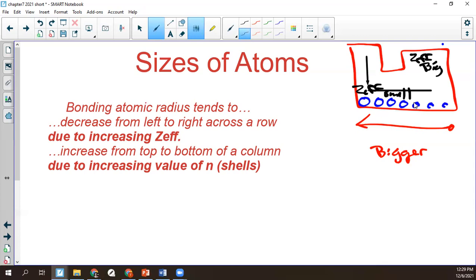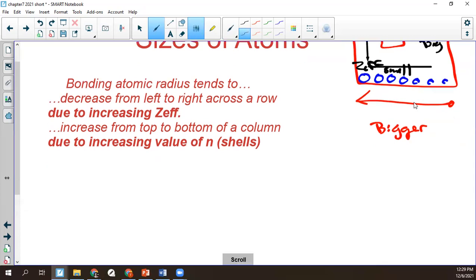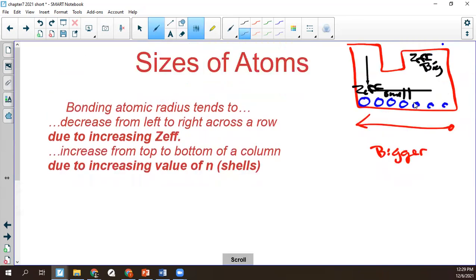Non-metals have high Zeff and small atomic radii. Now, you could write the same thing about metals. Metals have low Zeff and large atomic radii.